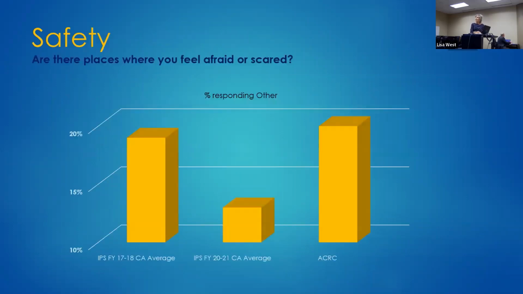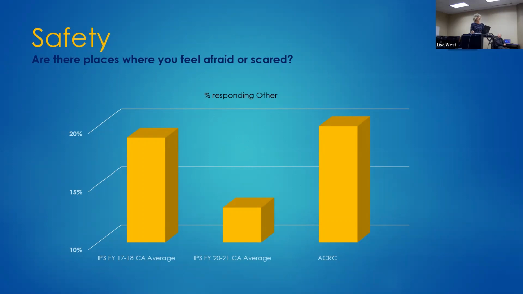But the question is, are there places where you feel afraid or scared? And I thought a lot about this, and though below would be considered better here, I'm also thinking about our emotions that we all have as humans, and that it's normal to feel scared in some settings. So it's of note to say that the data didn't reflect fear in the areas of home, day program, work, or neighborhood.